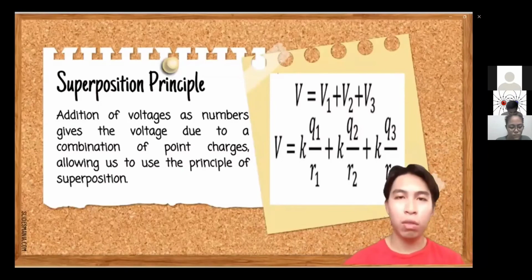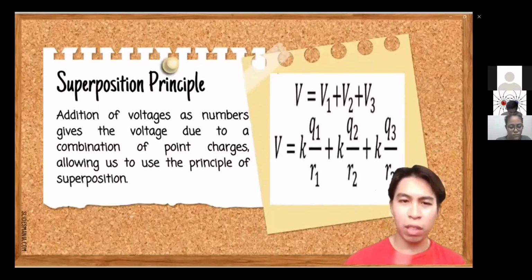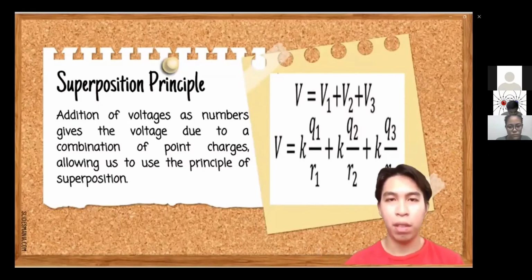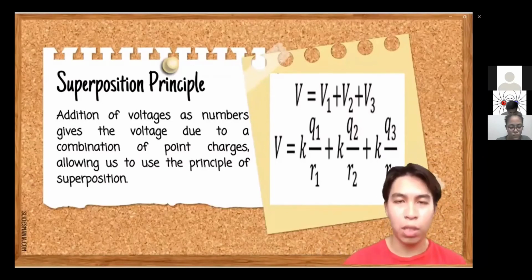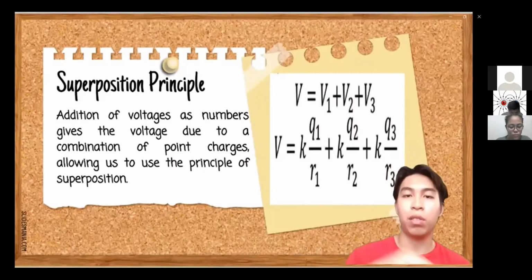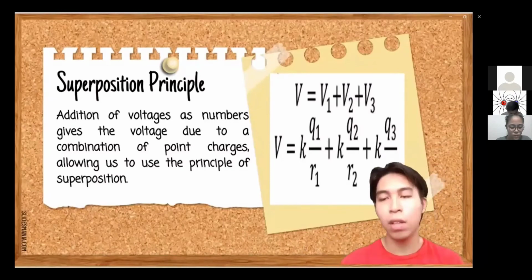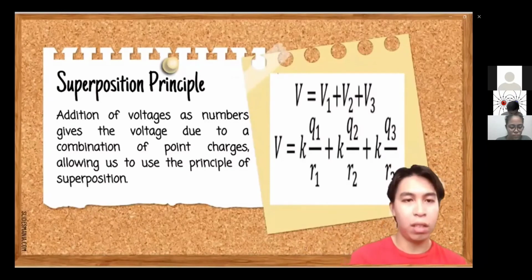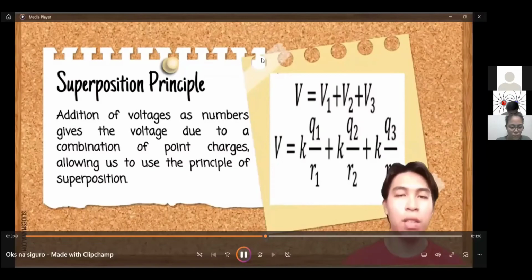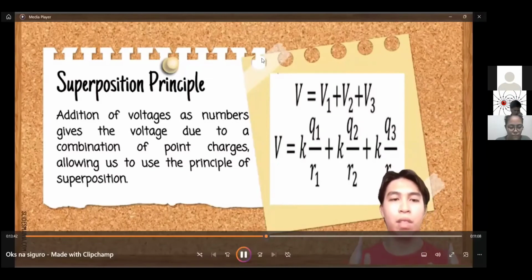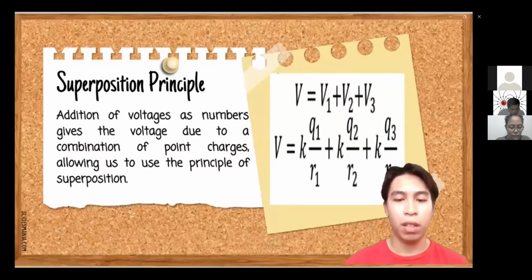So why do we need to add them up? The reason why we add them up is to get the absolute position of the charge within the electric field, where it's going to end up. So that's why the superposition principle is really useful for this.